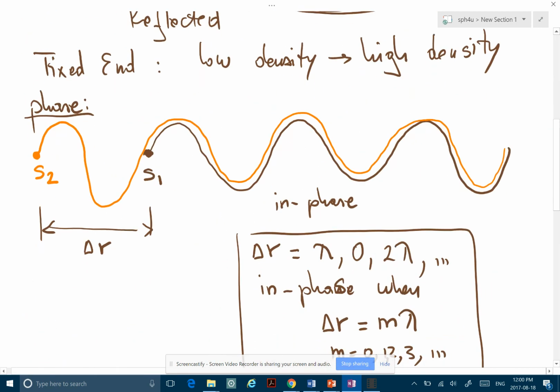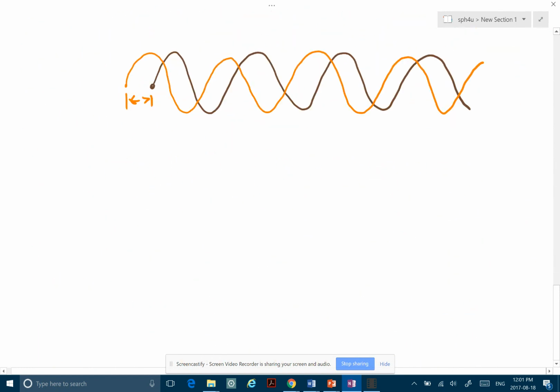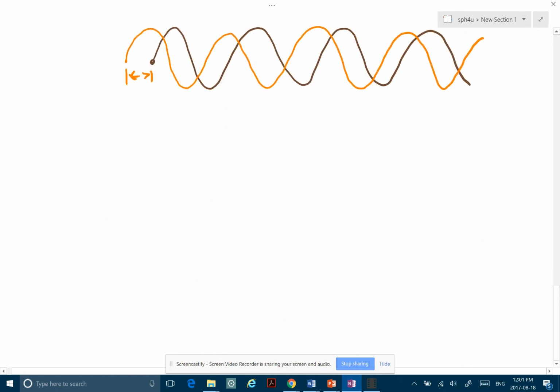All right, let's remember that for later on. And the other case is when you have a free end, or open end as it's known. Free end means you're going from high density to low density.